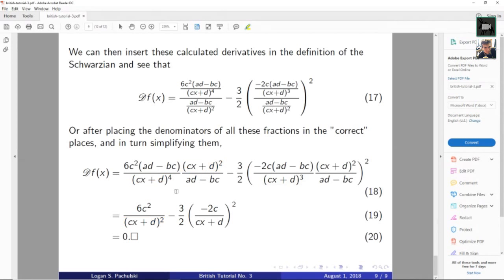And identically, these two terms will divide out, except without having to deal with power rules this time. The ad minus bc is going to divide out, and we know that we can do this because it was stated in the hypothesis that ad minus bc does not equal 0.